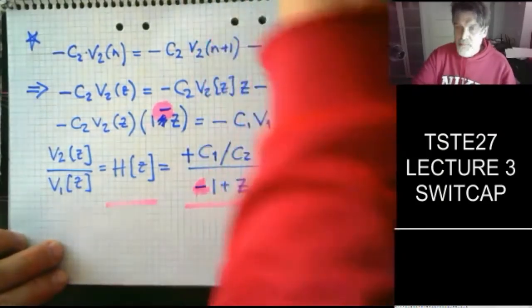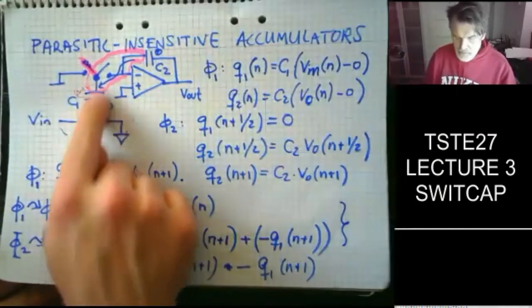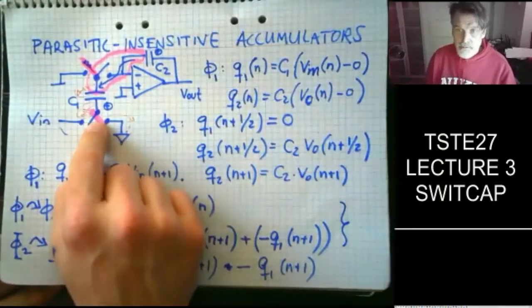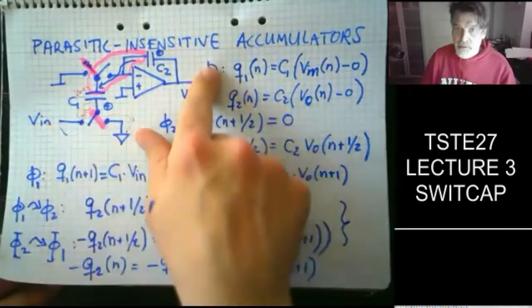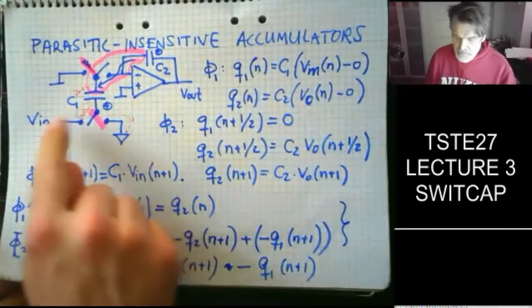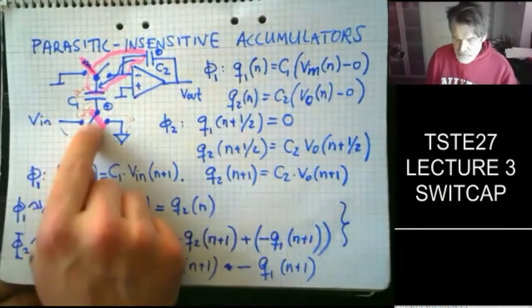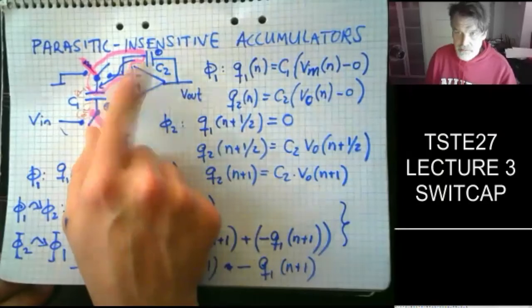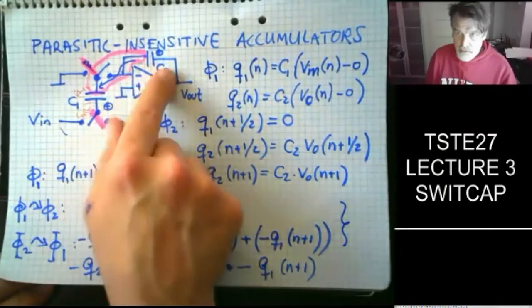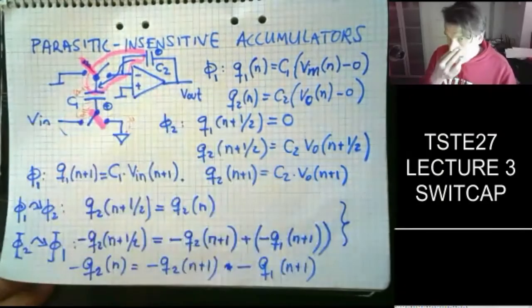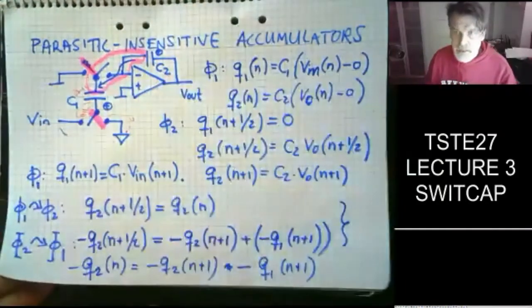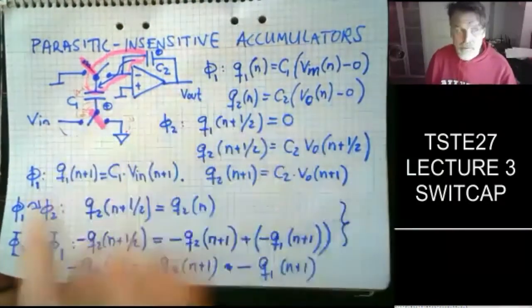And the delay comes from the fact that, depending on how we connect the switches here, it depends on when we actually get the input signal to the output. The thing here is that we steal charge from the capacitor C2, so it relates to the charge that was already on C2. So there's a certain delay in the transfer function from input to output.